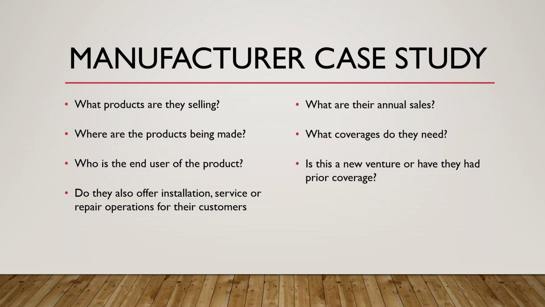I often receive phone calls from my retail brokers saying they need to place a machine shop. How general is machine shop? They never know exactly what the applicant is making or whom they are making the products for. And half the time they call me back saying that the applicant is making small parts for aerospace or automotive clients. So please save yourself the time and ask who will be using the product.